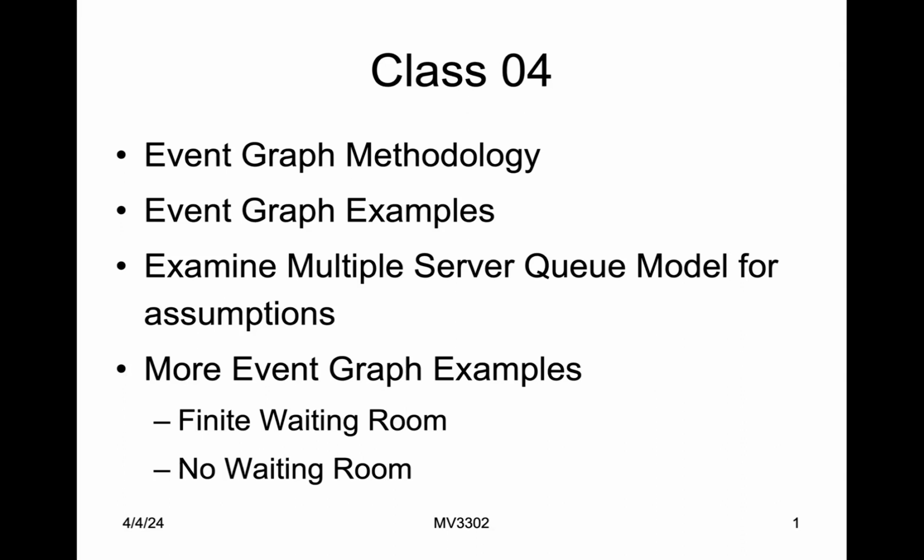In particular, hopefully I'll be able to get to it, is that first I'm going to reformulate what we've done in our two models. We've had the arrival process and the multiple server queue. I'm going to reformulate those as event graphs, and then look at examining some of those assumptions. So one thing I think was mentioned yesterday, that in the basic multiple server queue model, there is no capacity.